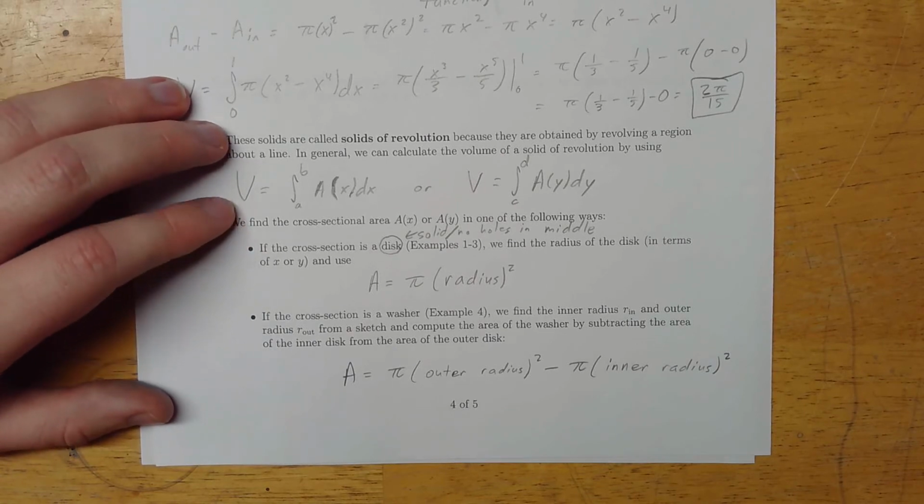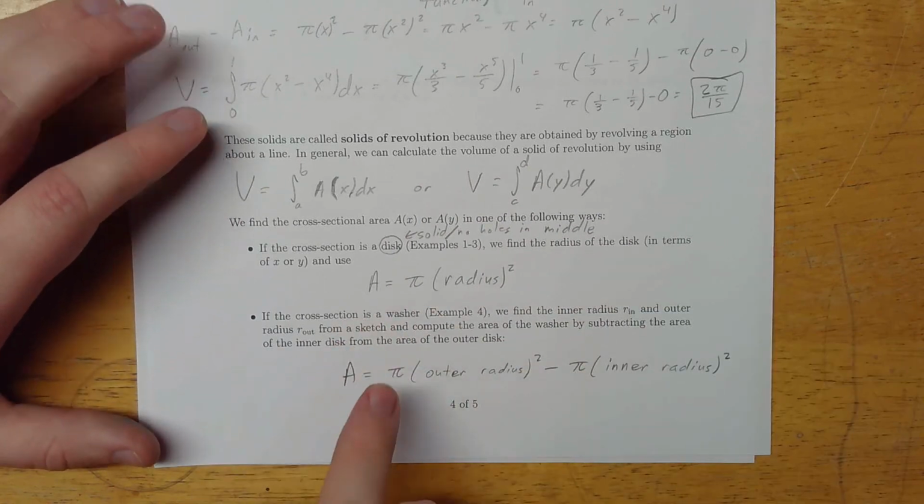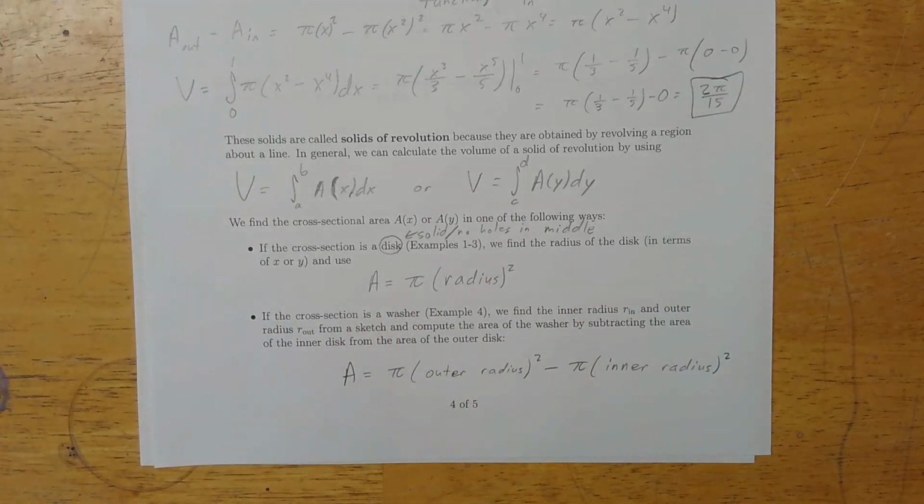So we've got a couple of different ways to look at finding these disks and washers and what those cross-sectional areas are.